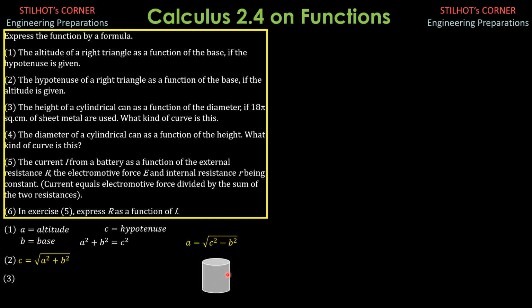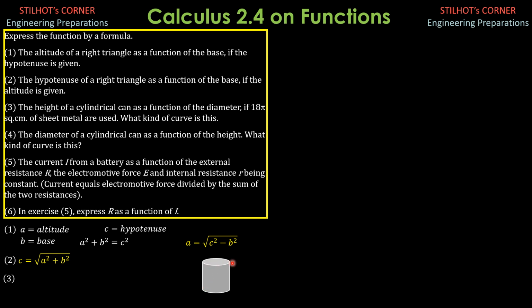For you to imagine or view the shape of this lateral area, imagine that it is cut vertically, then flatten it out so it looks like a rectangle. It is a rectangle really. And the length of the rectangle, because it is this base here, it is the circumference of the base, which is circumference of the circle, which is pi times the diameter, and the height is also the height.